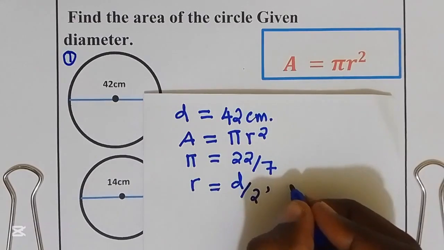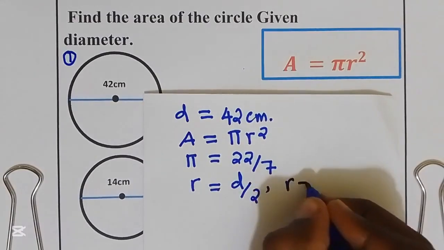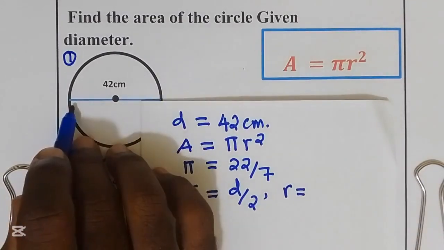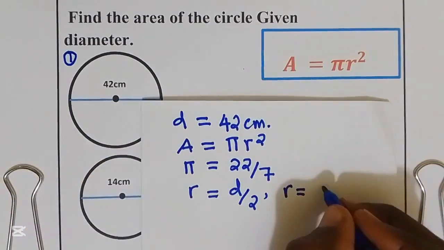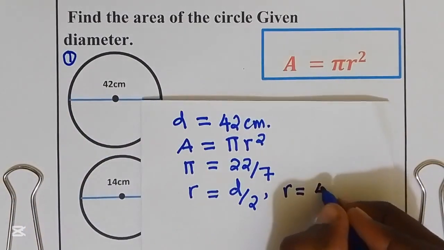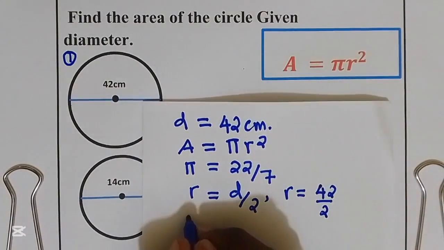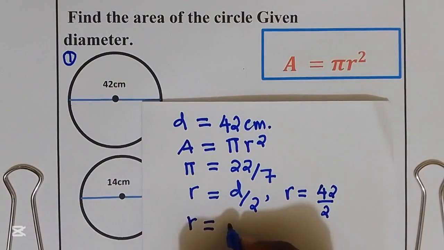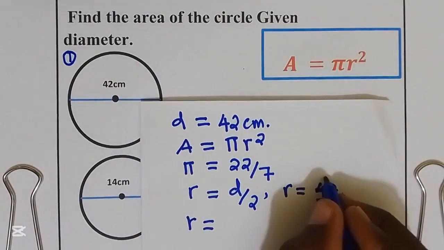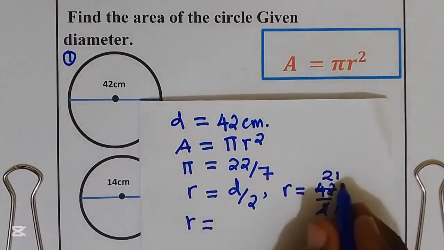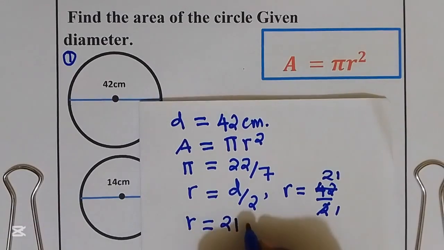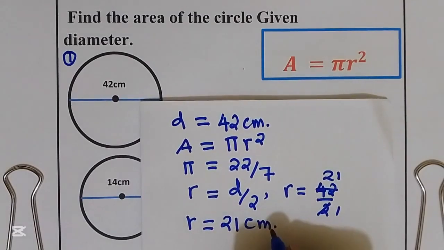Our diameter is 42, so it is 42 divided by 2. We are going to get r is equal to 21. So our r is equal to 21 centimeter.